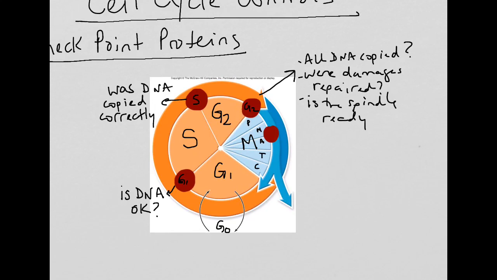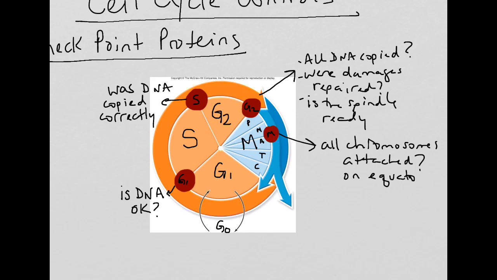And I'll put a little M on that one. That one says, are all the chromosomes where they should be? Are all the chromosomes attached? Are all the chromosomes on the equator? Okay, so it really is checking to see if the spindle's built and everybody is attached.